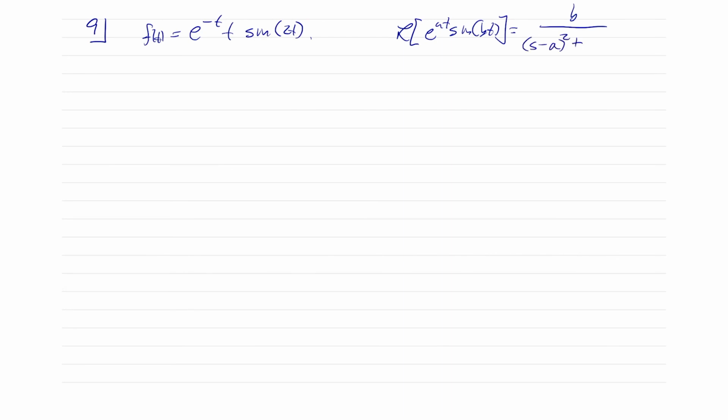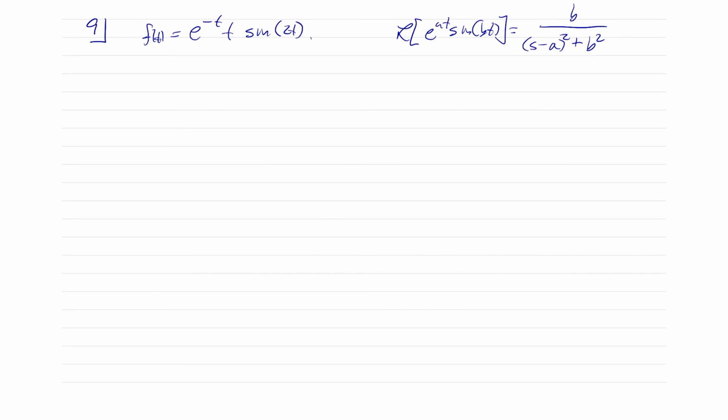Okay, here's a really good one. Problem number 9: they give us f of t equal to e to the minus t times t sine of 2t. I can start with something we already know. On the Laplace transform table 7.1, we have that the Laplace transform of e to the at times sine of bt is b over (s minus a) squared plus b squared.